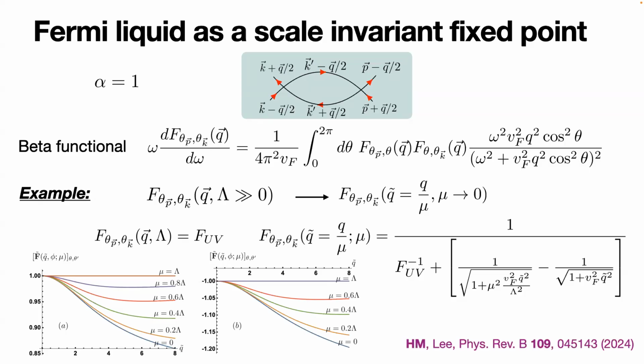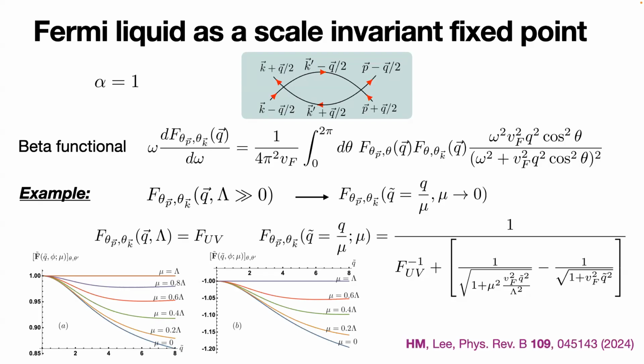This makes sense because large momentum transfer interaction is largely suppressed, and with zero momentum transfer, the effective interaction still stays the same. And this is a mathematical expression for the IR effective interaction.